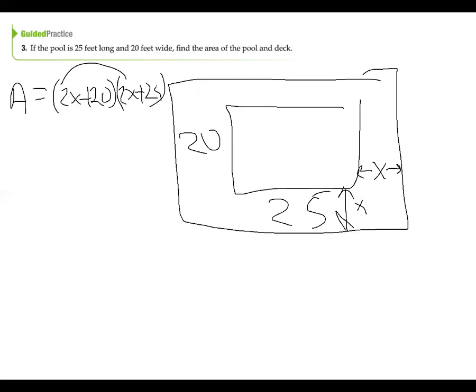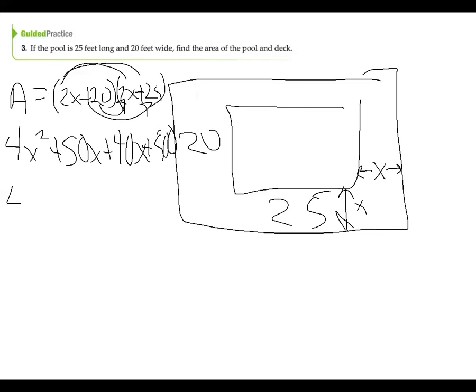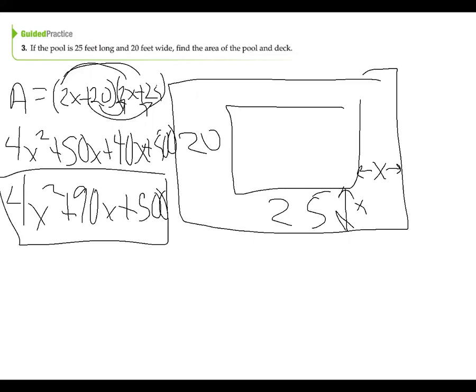So if I FOIL that out, you'd have 4x squared plus 50x plus 40x plus 500. So you'd have 4x squared plus 90x plus 500. All right, and that would represent the area of the pool and deck.